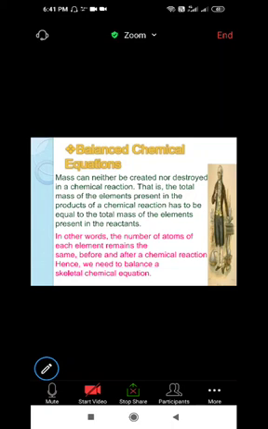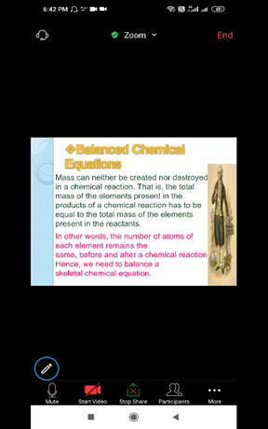So whatever the amount of reactant has been used in the chemical reaction, right? So product में भी हमें उतना ही mass मिलेगा, right? So we are supposed to keep LHS equal to RHS, right? That is known as a balanced chemical equation. In other words, the number of atoms of each element remains the same before and after the chemical reaction. Hence, we need to balance the skeletal chemical equation.